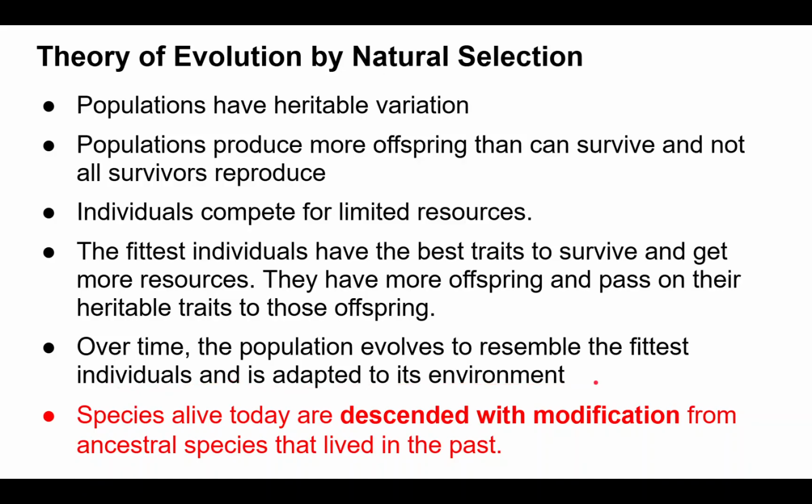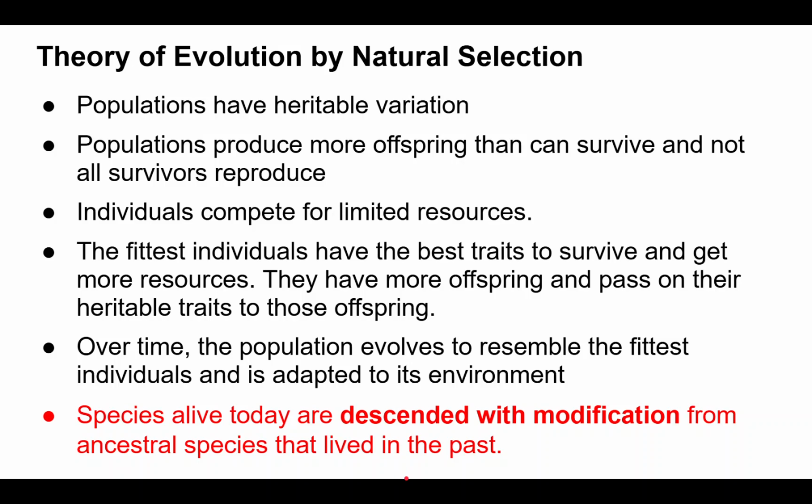environment. Now, the thing we add in here for the theory of evolution is that all of the species that we see today are then descended with modification from some ancestral species that lived sometime in the past, right?